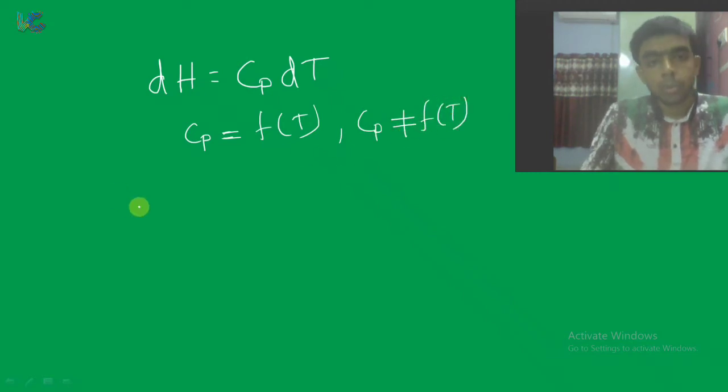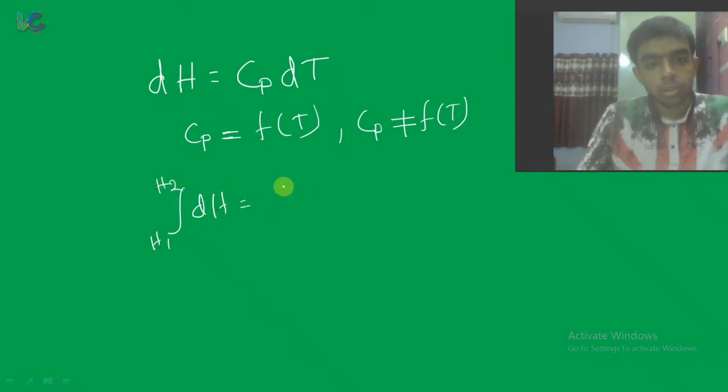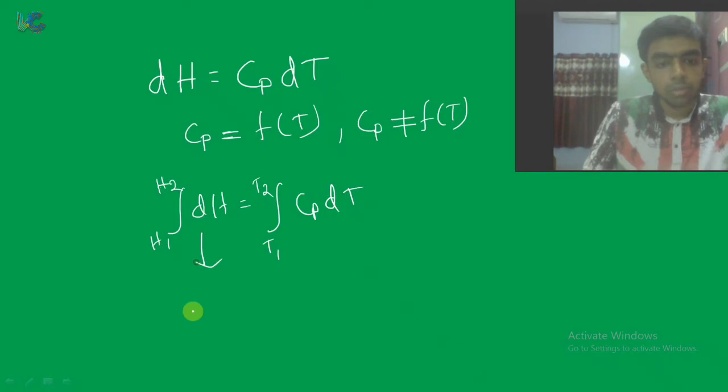Now suppose Cp is not a function of T and you are doing integration from H1 to H2. dH is equal to the integration from T1 to T2 of Cp dT. From the left hand side you will get delta H, H2 minus H1.